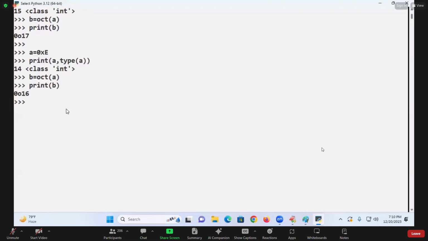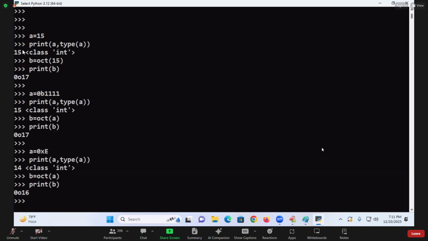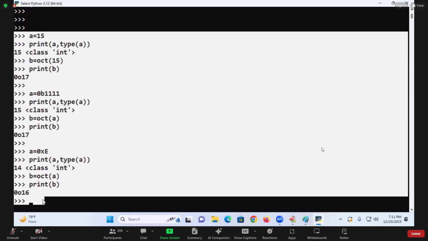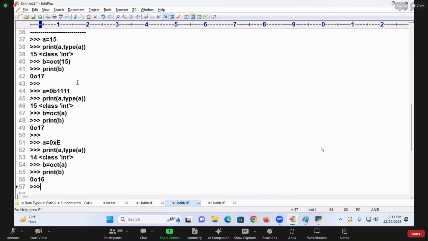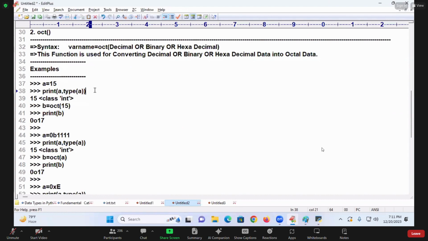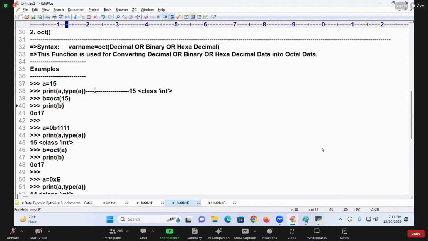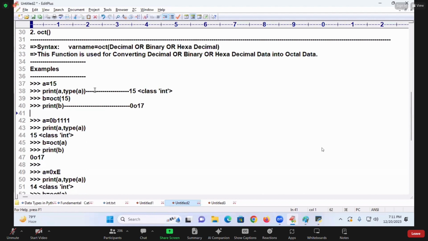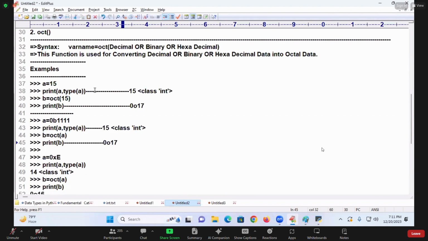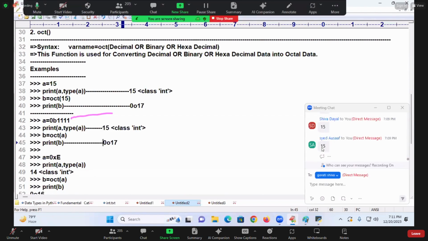This is about conversion of different values. By default, data comes in decimal format. This is one conversion: binary to decimal, and that decimal part I am getting into octal. So binary to octal.